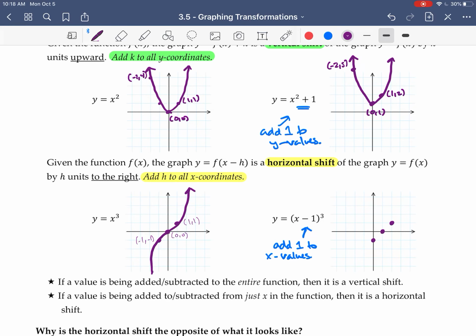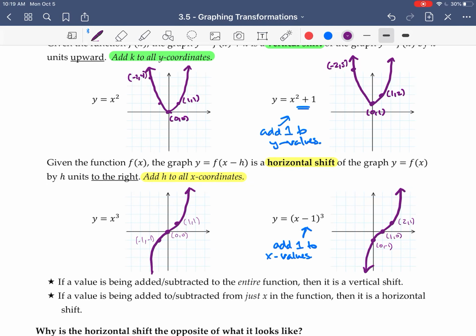And instead of -1, -1, we're going to be at 0, -1. But our graph is going to have the same cubic shape. It's just been shifted over to the right 1. So this is now 2, 1, 1, 0, and 0, -1. We just add 1 to each of the x values.